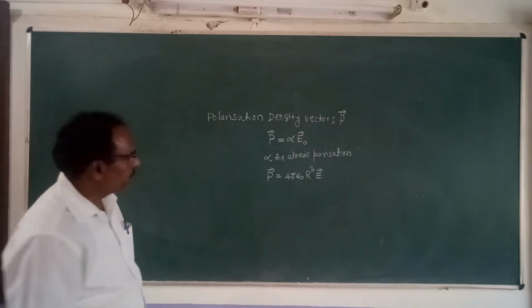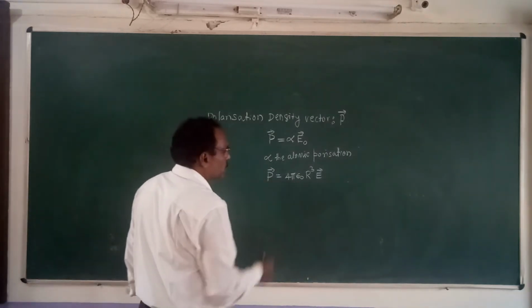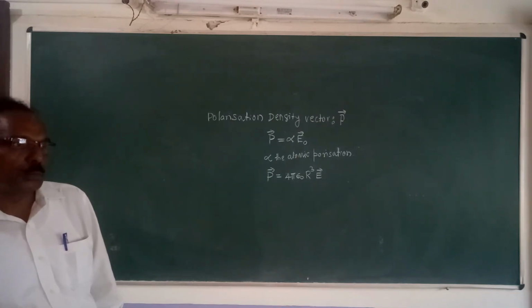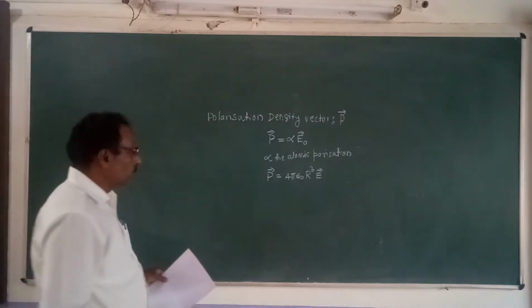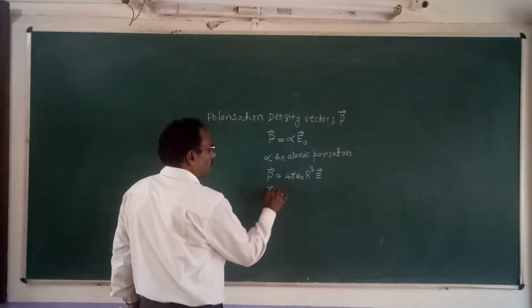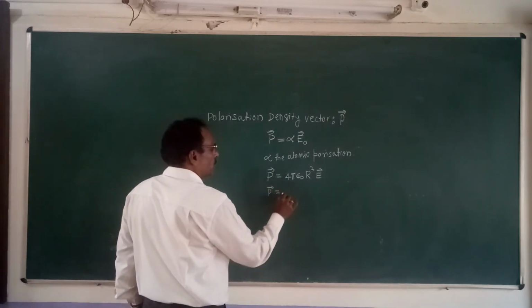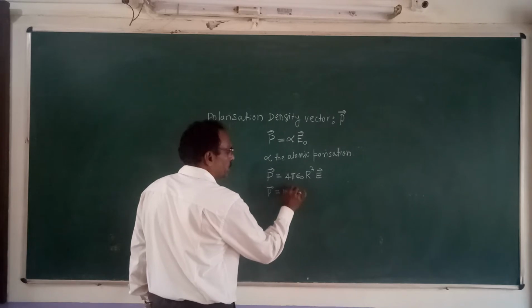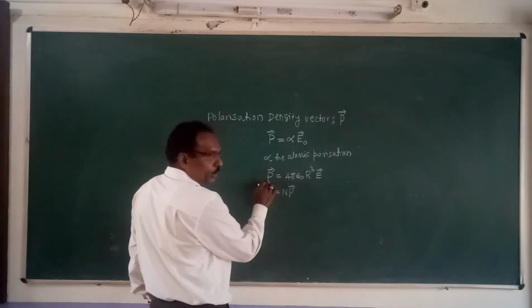It is given by this expression. If there are n number of molecules per unit volume, we can write P, the electric polarization vector, as n, the number of molecules per unit volume, into the individual.